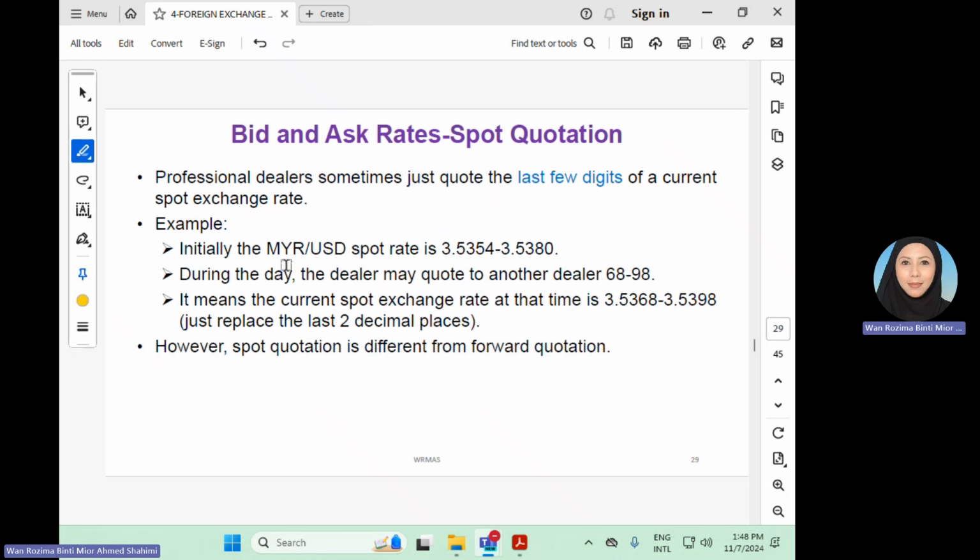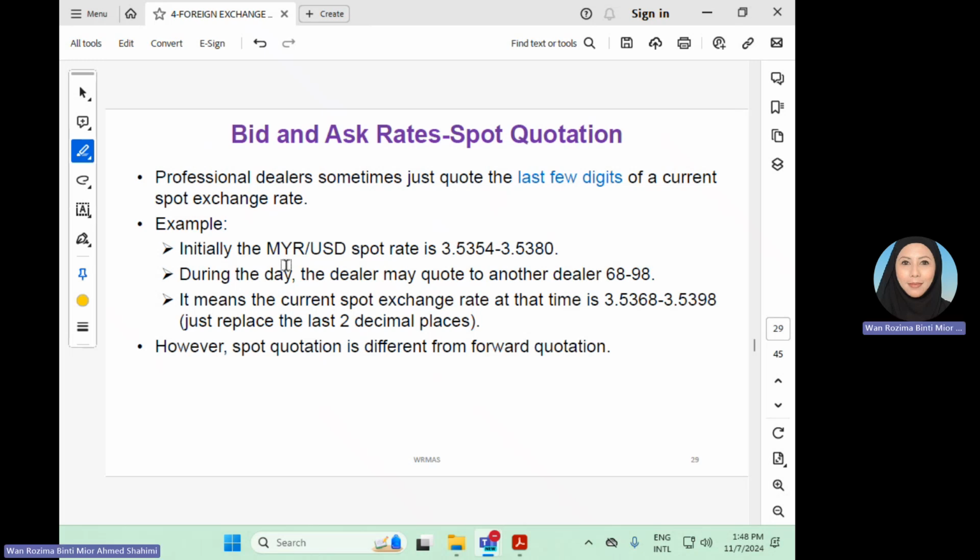What about replacing the digits? During the day, the dealer may quote. Professional dealers don't write 3 point something; they replace the last two digits, dash the last two digits. So during the day, a dealer may quote to another dealer 68-98.